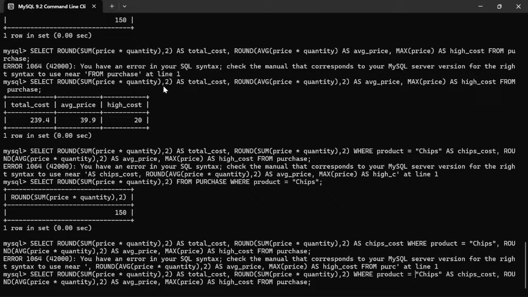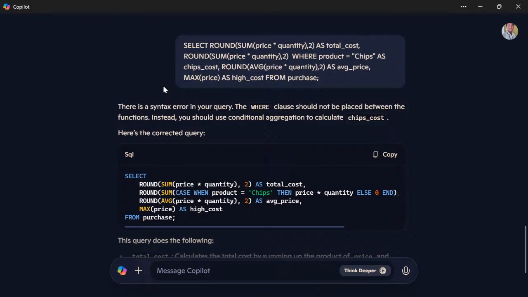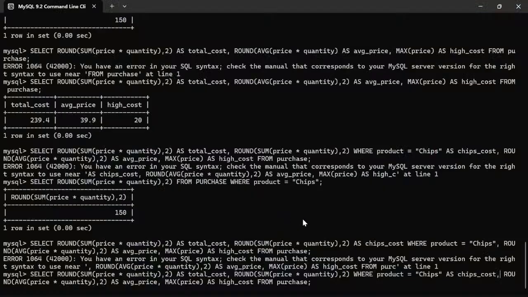This is an error, first of all, as chips cost. So I think here I don't have any, did I add any? I think the alias is here. I think it is not visible. Okay.